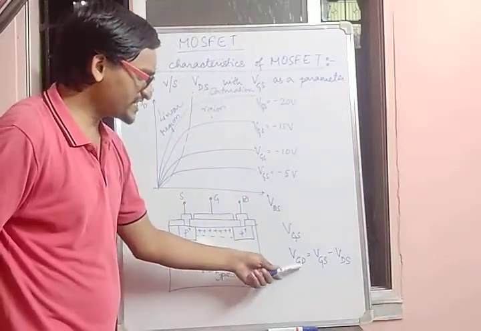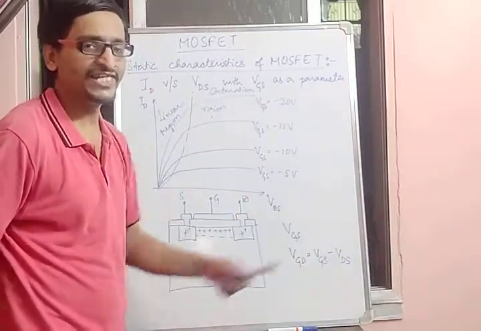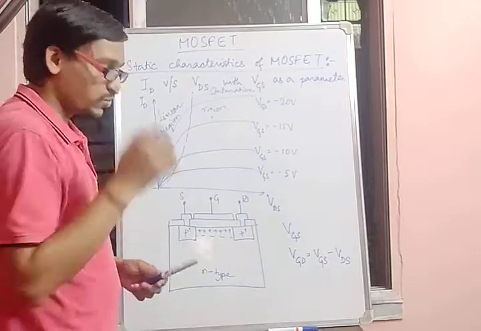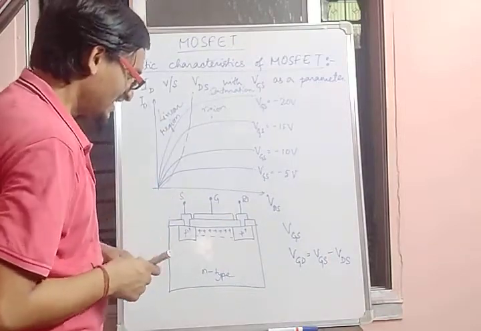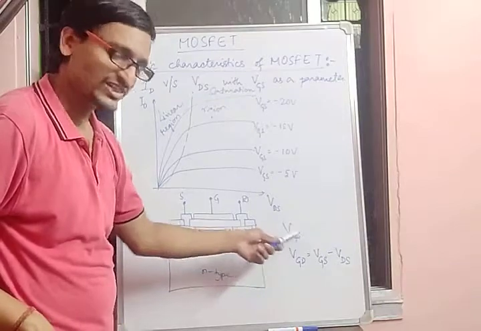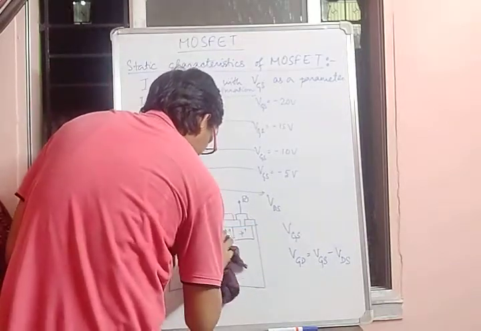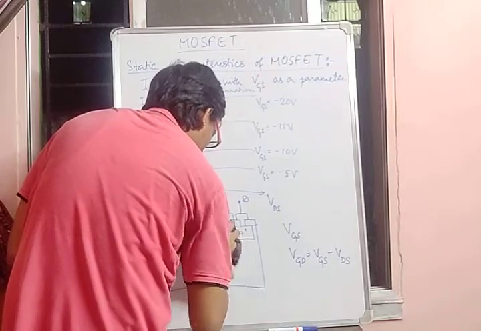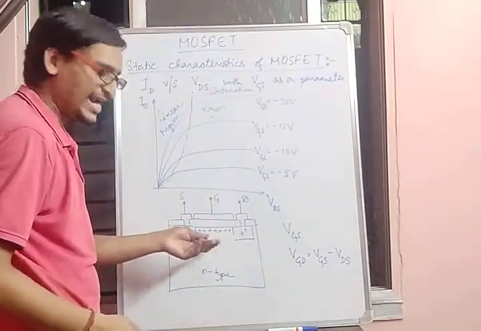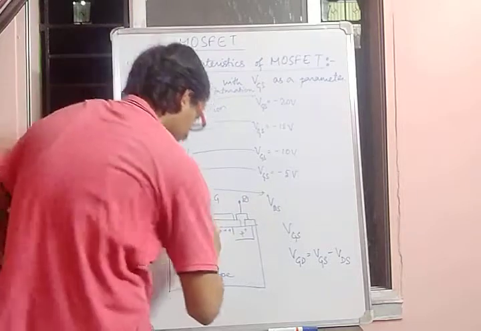So, due to this difference, the actual channel width is less towards the drain side as compared to the source side.